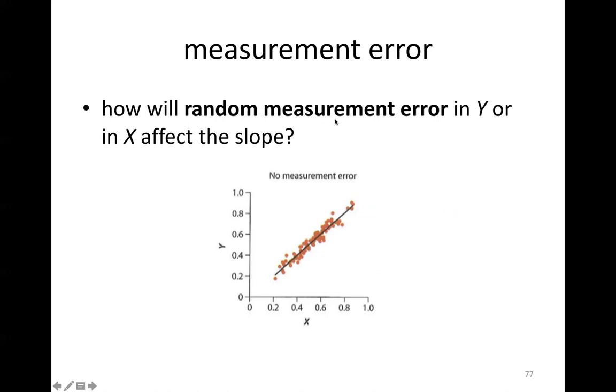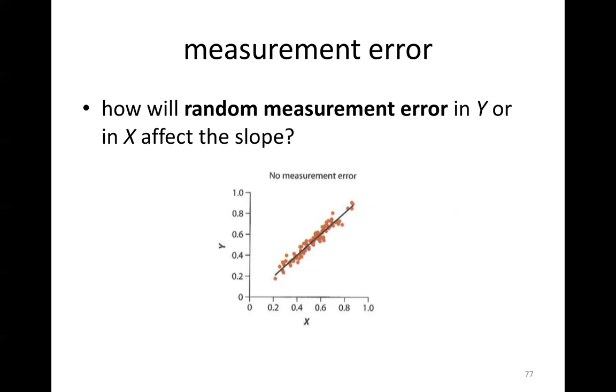So if we have measurement error, if we introduce just random noise in y or in x, how will this affect the regression analysis? This is our question.